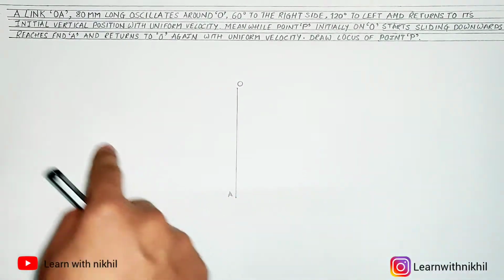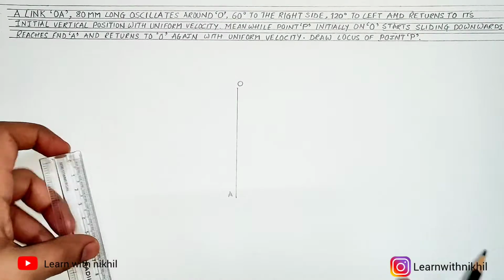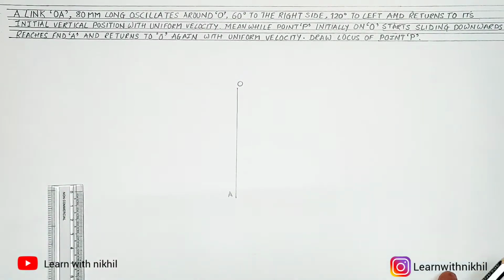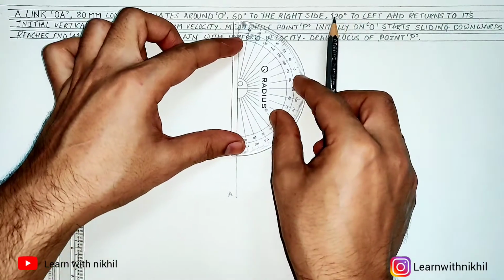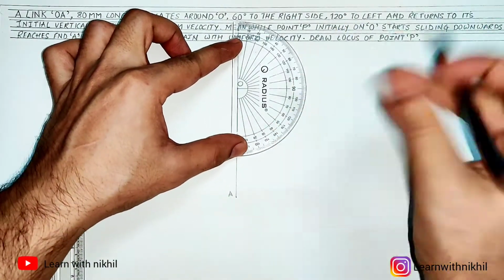So 1, 2 and 3. So this is how the curve moves. So from here, first we will draw 60 degrees to the left.